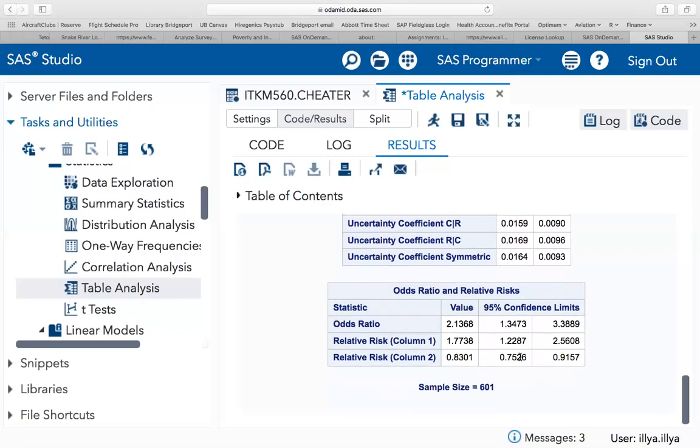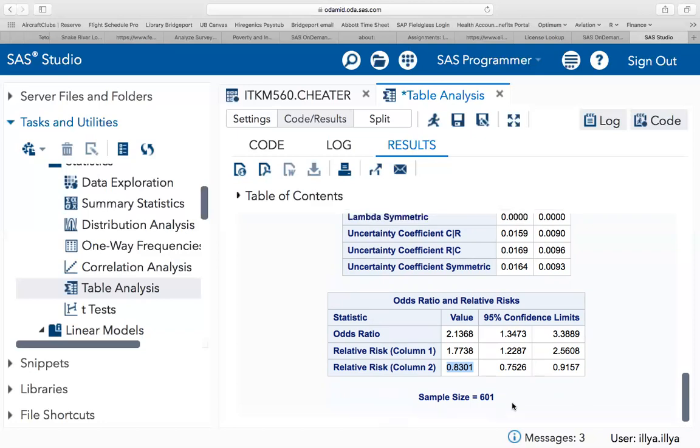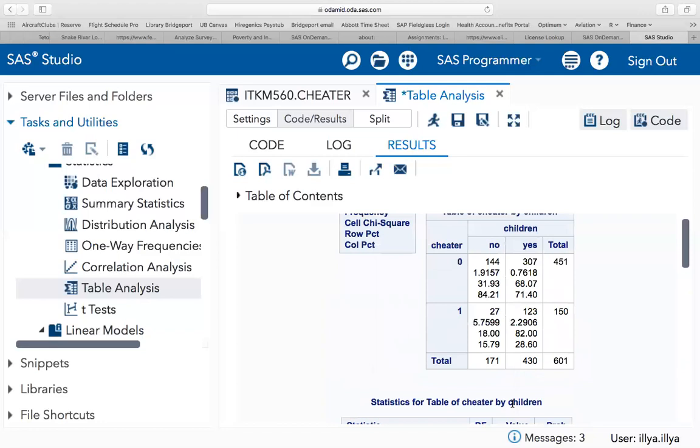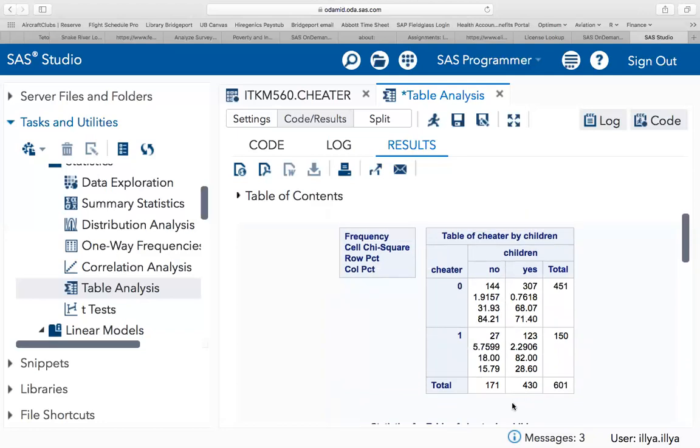We have this relative risk of 0.83, okay? Any ideas how we got to 0.83? What numbers do you think got divided here?